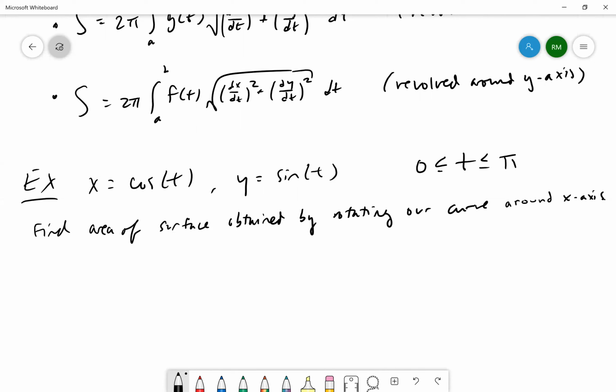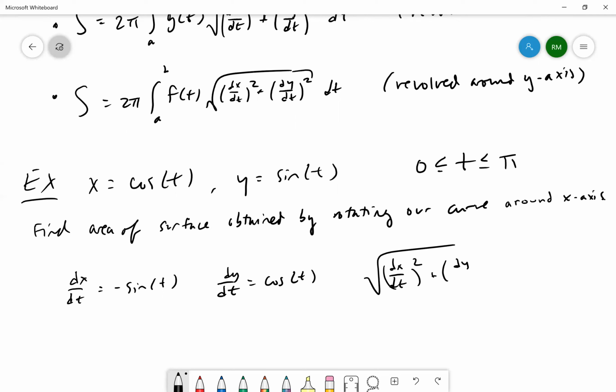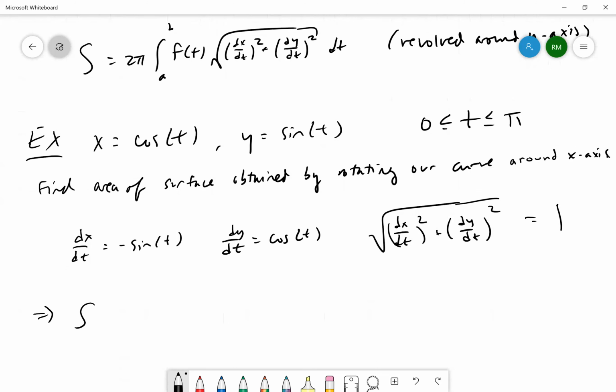Okay, so, well, we already know that dx/dt is minus sine of t, dy/dt is the cosine of t, and we already know that this expression comes out to be 1. So what this tells us is that our surface has area 2 pi times the integral from 0 to pi of f of t. Well, what's f? F is the cosine. Sorry, excuse me.